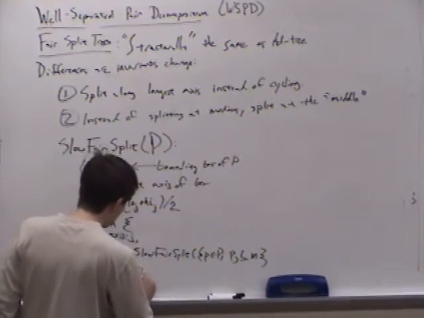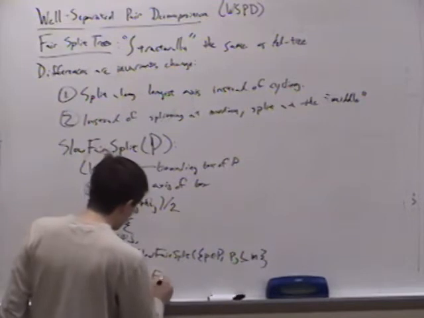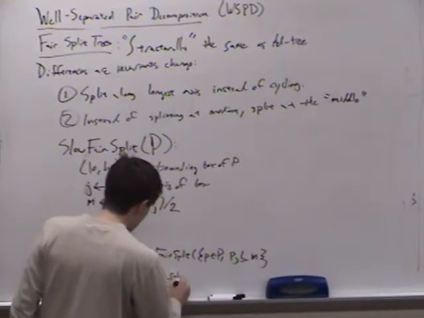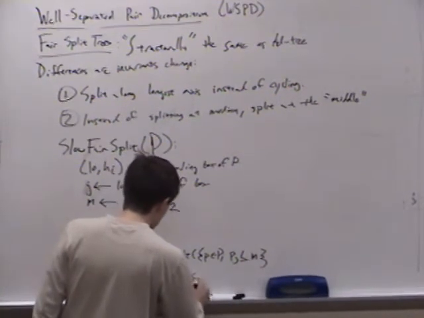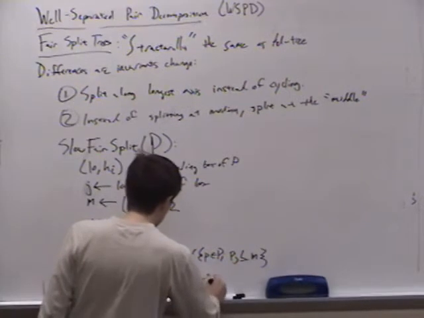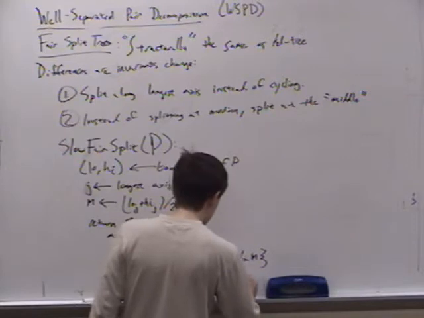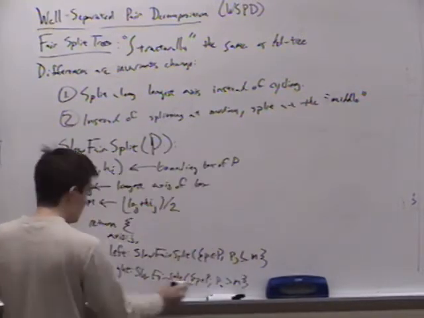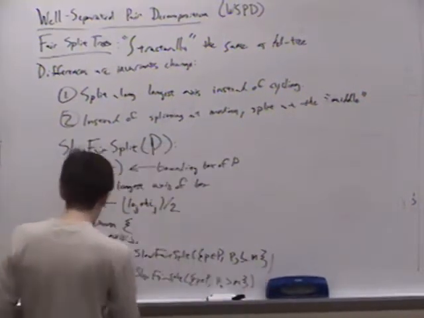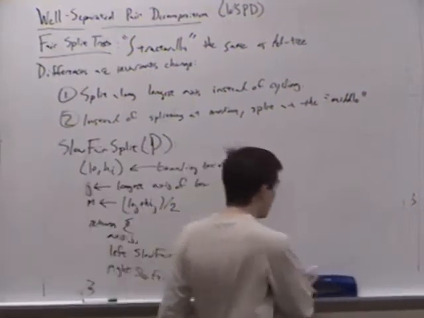So we'll call slow fair split recursively on the set of all p in P where p sub j is greater than M. And that would do it, right?